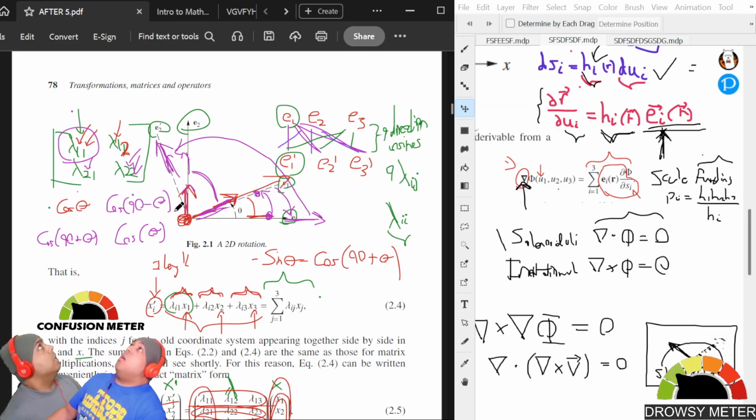90 minus theta, that is this angle here. 90 plus theta, that is this angle here. Sine theta, minus sine.